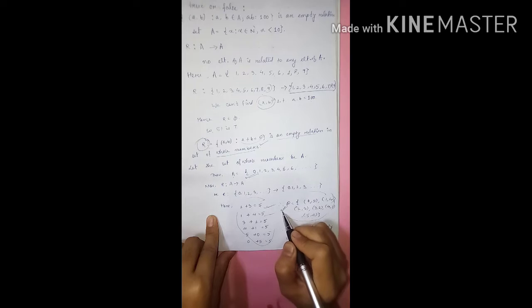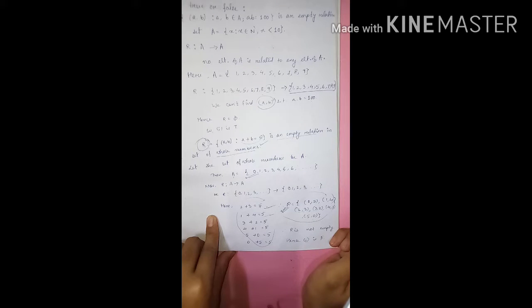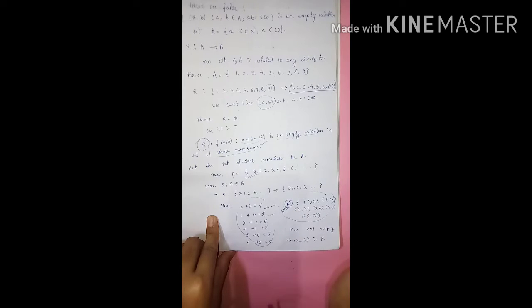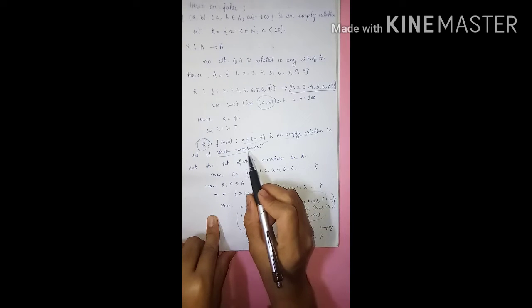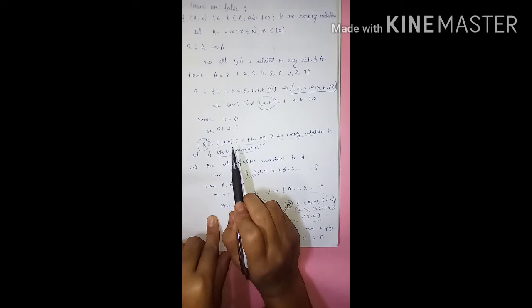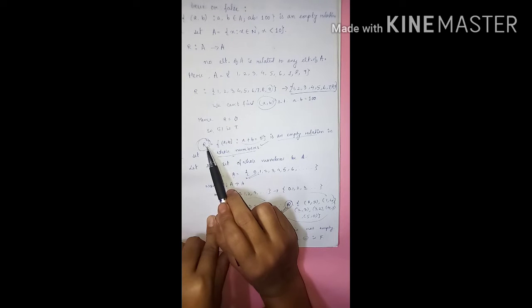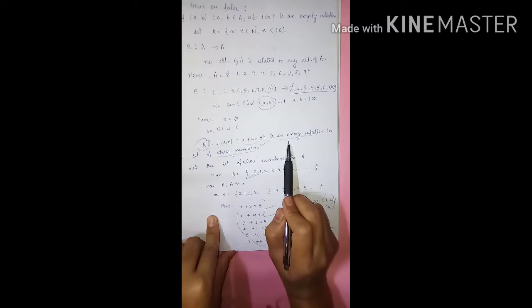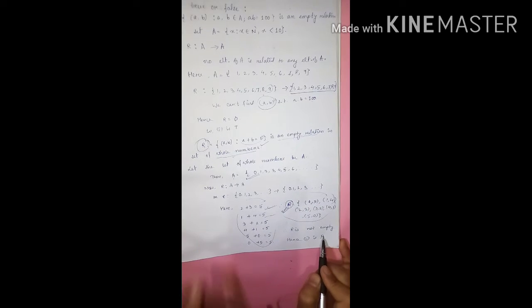So is the set R empty? No, right? So this relation cannot be empty on this set of whole numbers. So the given statement is false, because in the question we are told that R is an empty relation. So the statement is false.